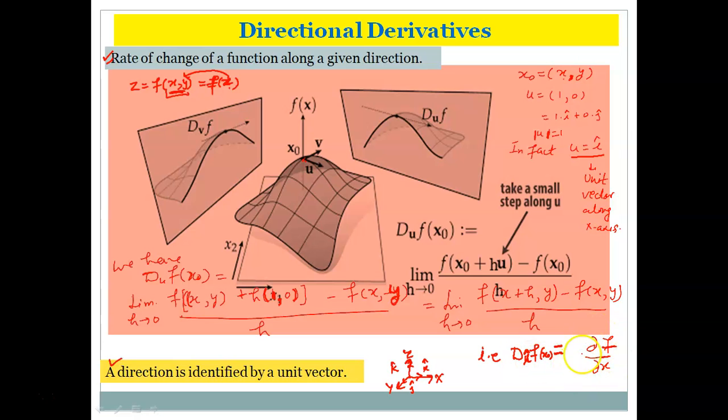So the first partial derivative represents the directional derivative along the x-axis.